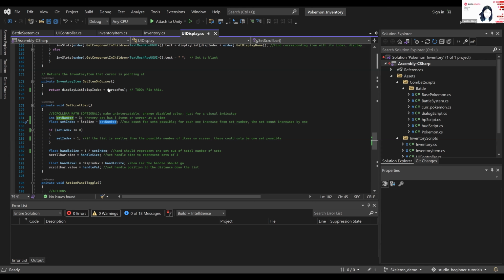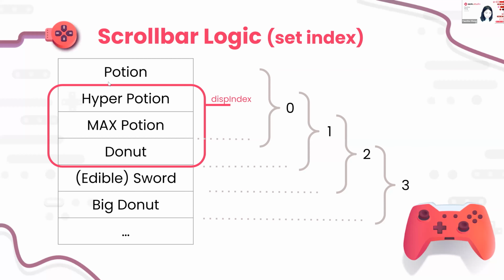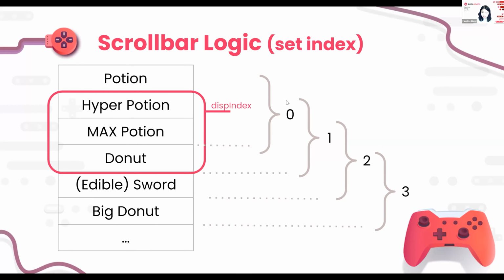So for example, here we have 6 items, and the total number of sets possible would be, so 1. Let me see if I can draw. I don't think I can.